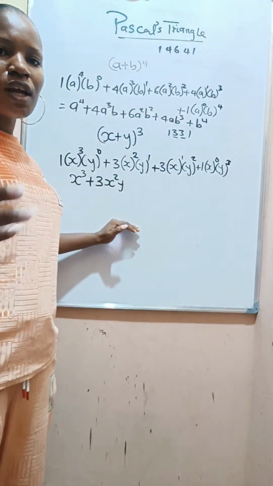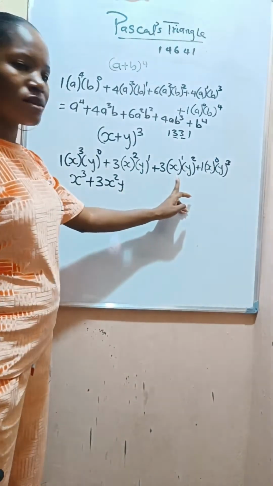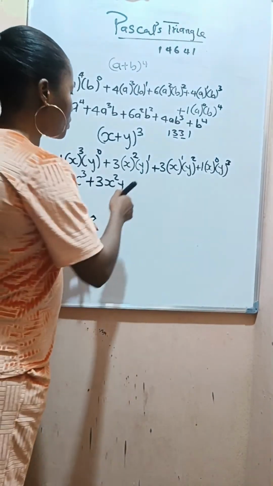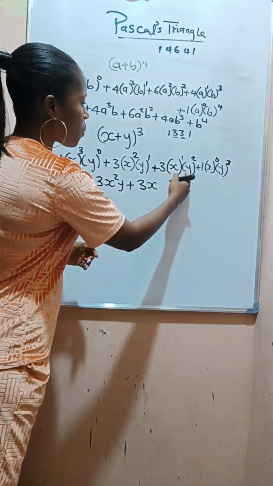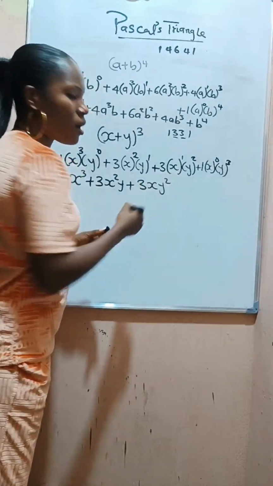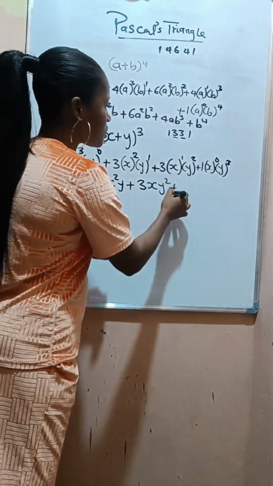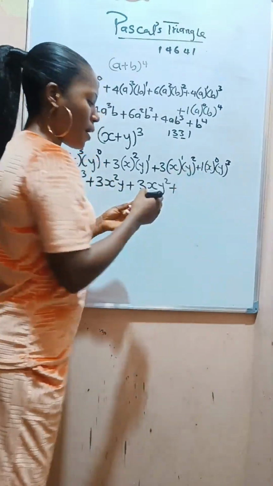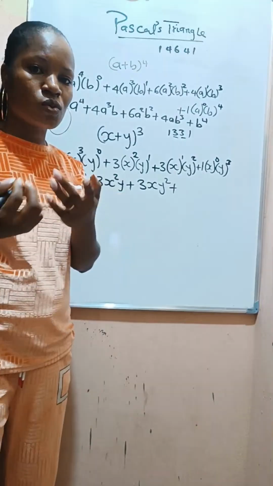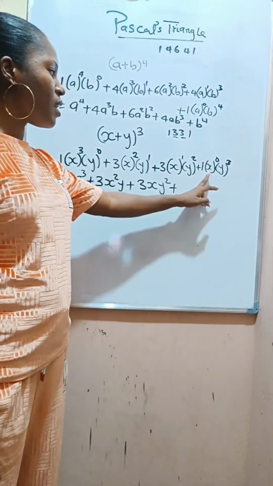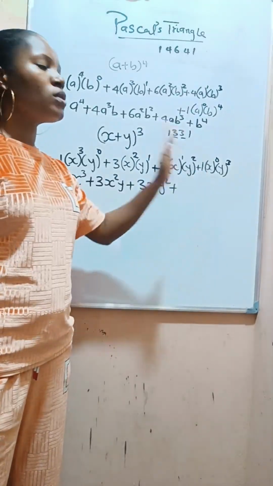Now let's continue. So we are done with this. Let's simplify this. So this is going to be plus 3 x to the power of 1 is x, and y to the power of 2 is y to the power of 2. So plus, here we have, remember, any number to the power of 0 is 1, which is why I have x to the power of 0 is 1, so I'm going to ignore it. 1 times 1 is 1.